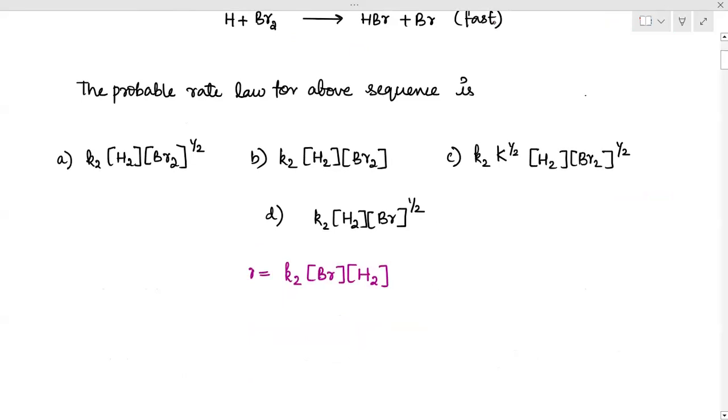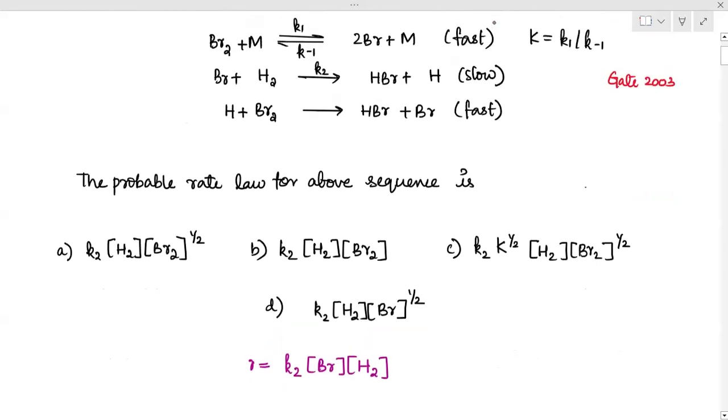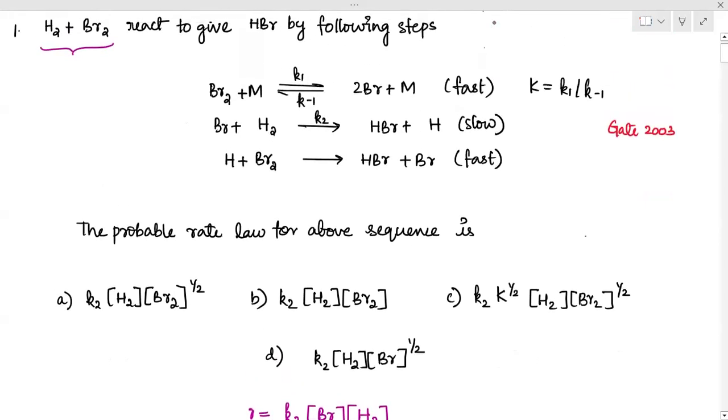So we have the inclusion of Br in this statement and we need to remove that, correct? So how can we remove that? Already it is given that the equilibrium constant is given. These steps are fast. That is also given. So let's try the equilibrium method to eliminate Br from the system.